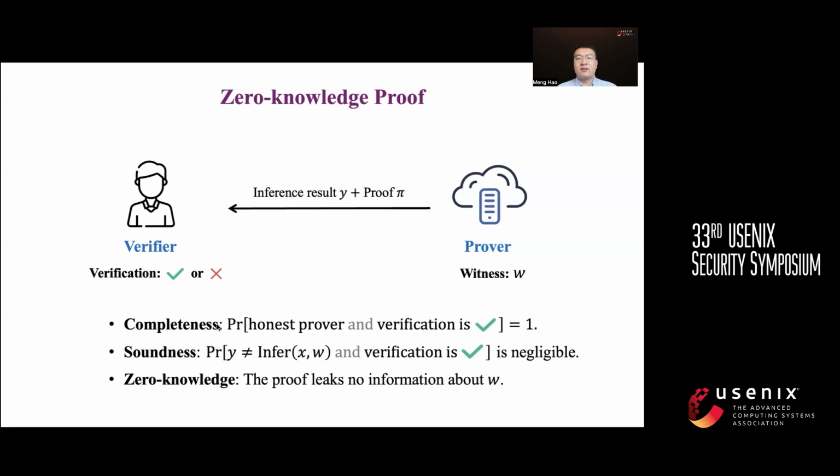If the prover correctly computes the result, then the verifier should be convinced. The soundness means that if the result is incorrect, there is a negligible probability that the verifier will be convinced. The zero-knowledge literally means no information is revealed except for the result.